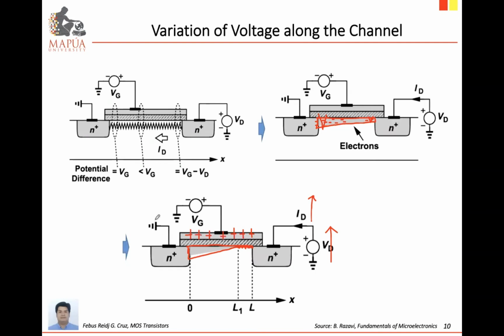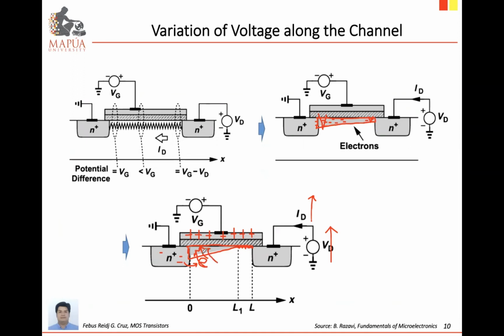On the source side, since it is connected to ground, the source will have the negative potential. So if you are the electron, what will be the response? This electron is more likely to be attracted towards the positive and repelled by the negative. So most of the electrons will be moving towards this area.